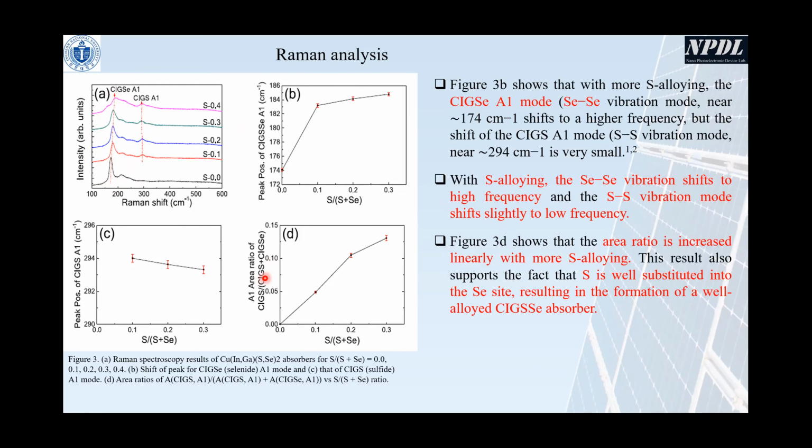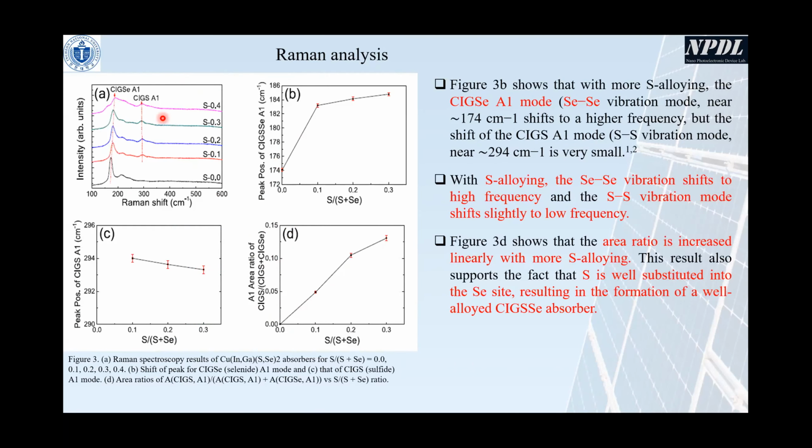From figure D, which represents the total integrated area of the peak intensity, we see that sulfur alloying increases the total integrated area. That means sulfur is well substituted into the selenium site, resulting in the formation of CIGSSe.